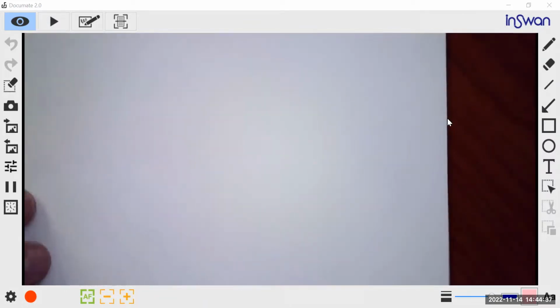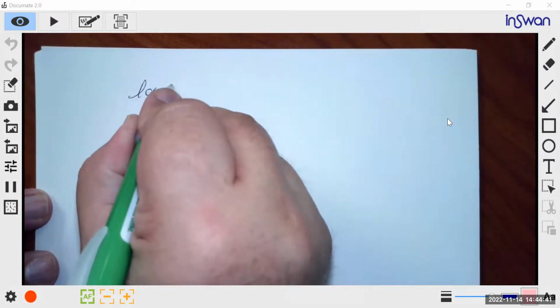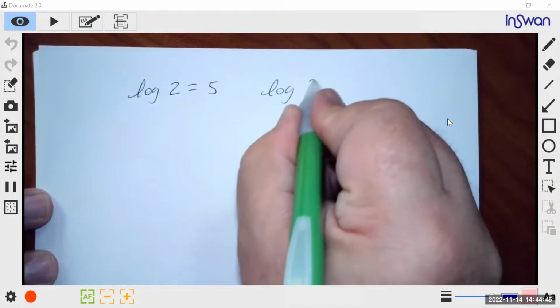Let's try some more. Here we have log of 2 is 5, log of 3 is 2.